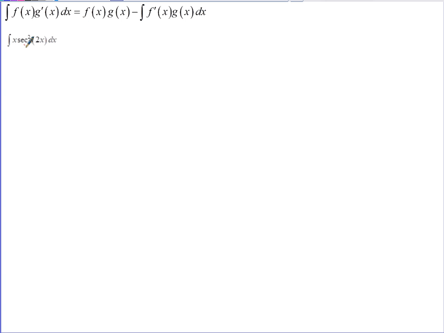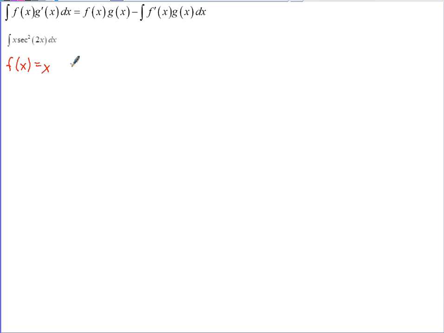So here we've got x times secant squared of 2x. In this case, probably the easier thing that simplifies more is x, so that's probably a good idea to set that equal to f of x. Another reason why that would work well is that if you set f of x equal to secant squared, it's going to involve the double chain rule and get way too complicated to integrate.